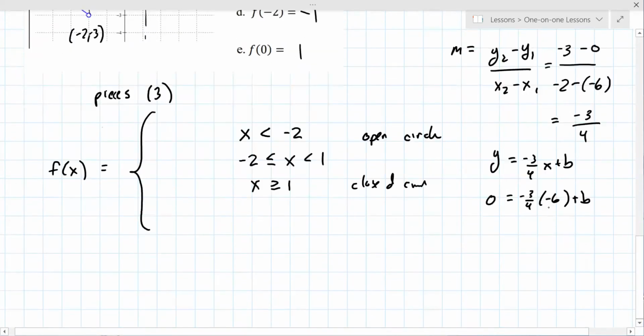And so b is, when we solve for this, -3 times -6 is 18, 18 over 4, plus b. This is 9/2. Subtract to the other side, so b equals -9/2. So we have our equation. We have our slope, which is -3/4 x plus 9/2, and that works for this first one.